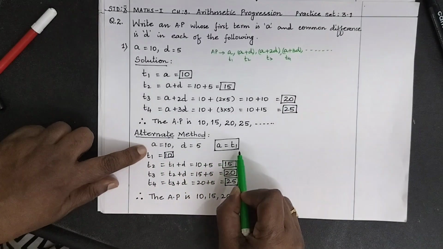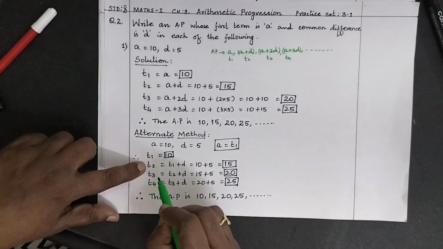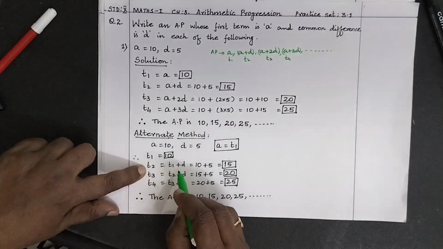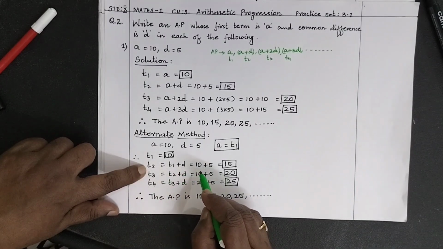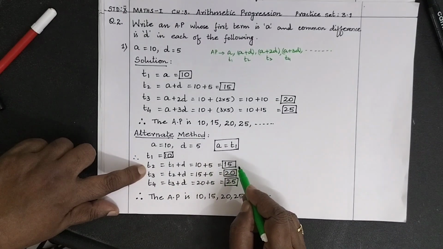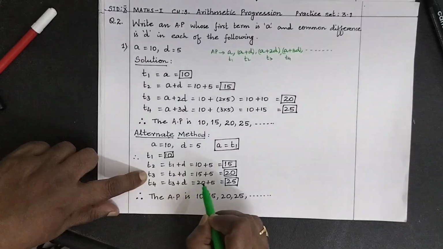Alternate method is, now A is 10, D is 5. So A is equal to T1. So T1 is what? 10. So directly you can write second term is equal to first term plus common difference. First term is 10 plus common difference is 5, so which is 15. And third term is what? Second term plus common difference.